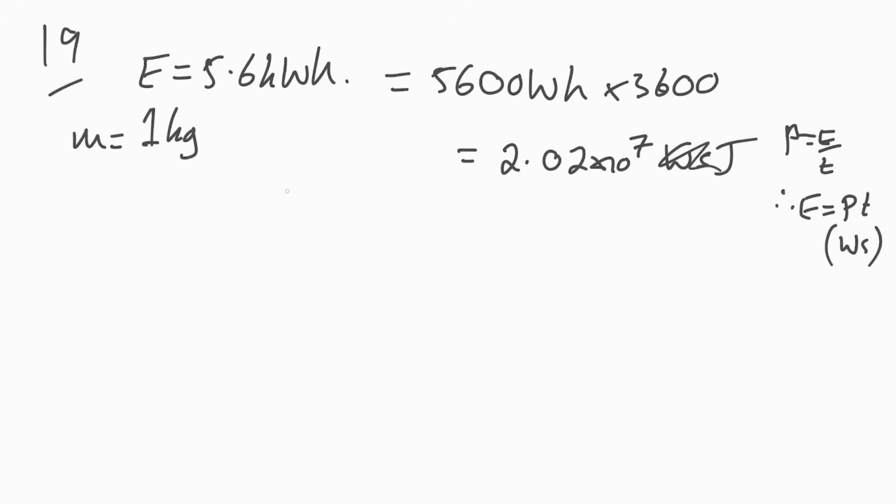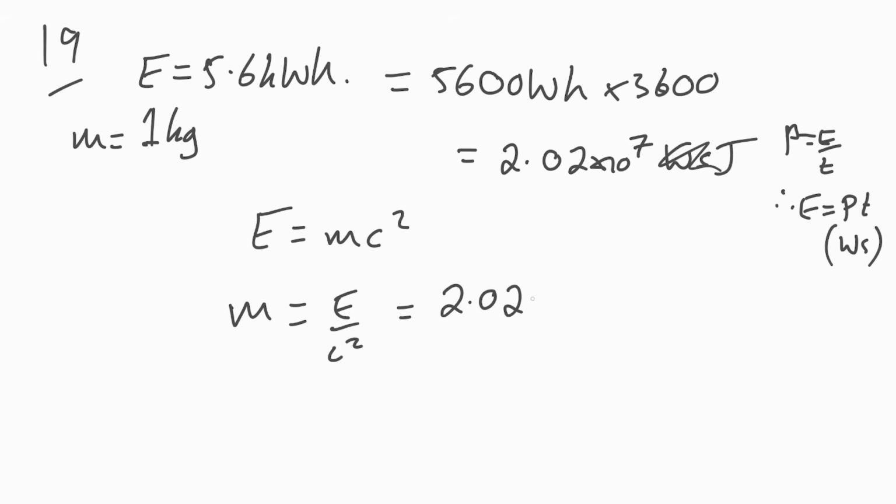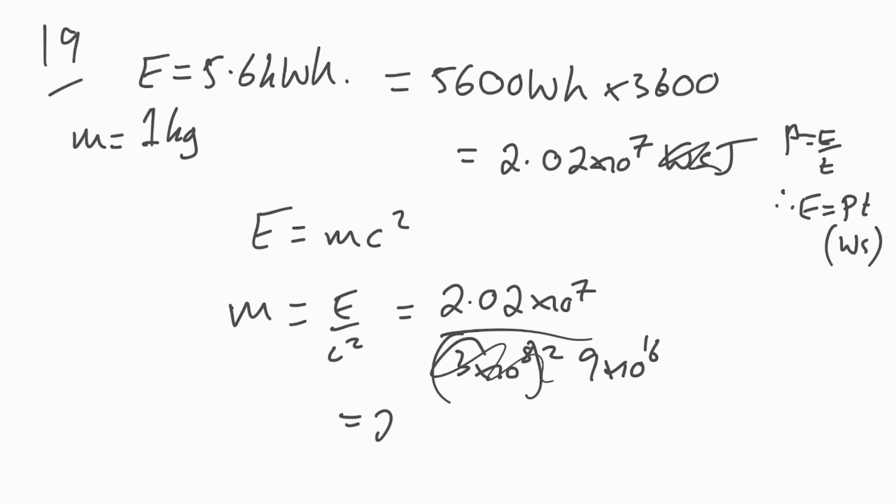Are we really expecting to do mc squared? So we're looking for mass. That's going to be E divided by c squared. Guys, this can't be right. Let's just call that 9 times 10 to the 16. Guys, the answer, if we do this, is that many kilograms.